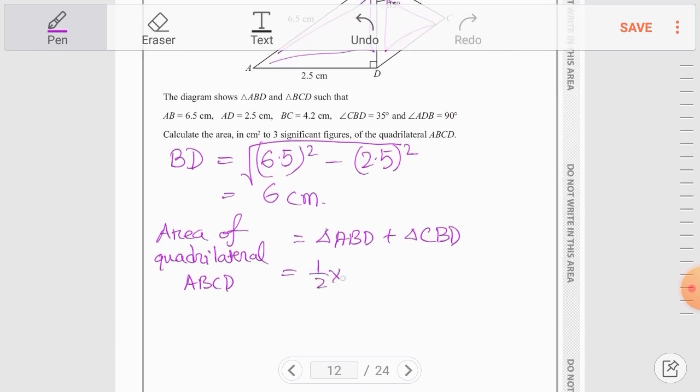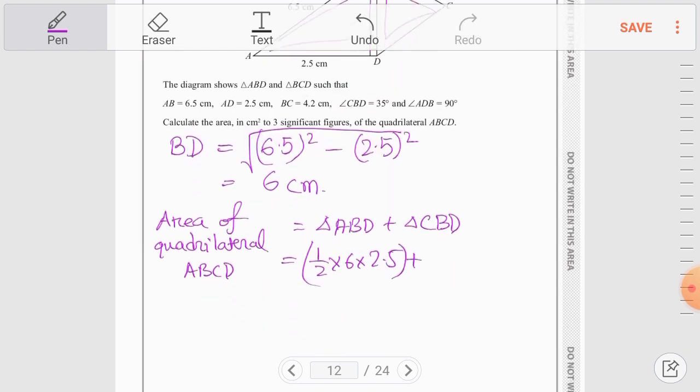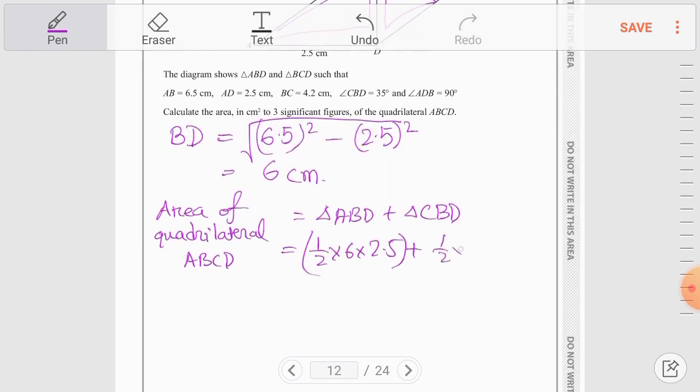So half into 6 into 2.5 plus area of the triangle CBD is half into sine theta into AB, that is half into sine 35 degrees into 4.2 into 6.